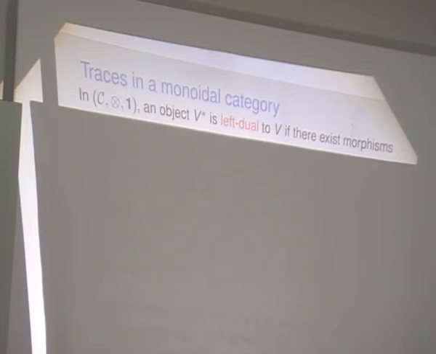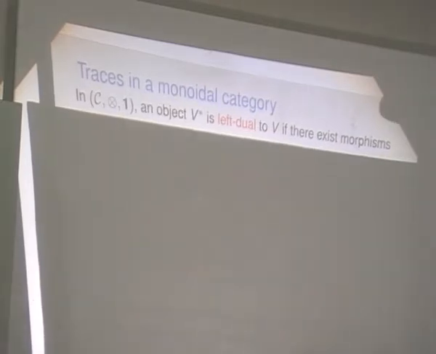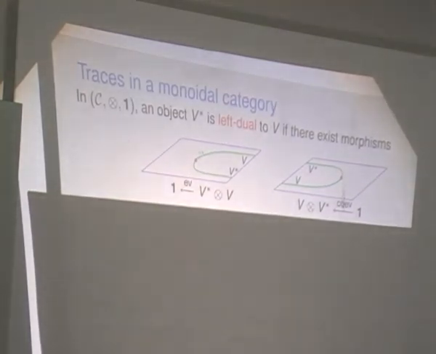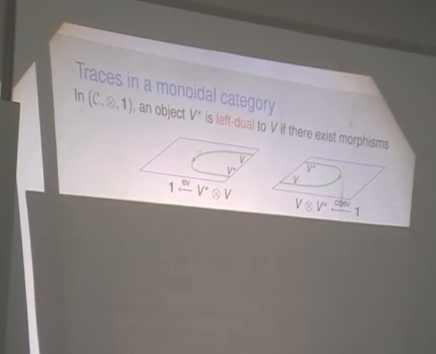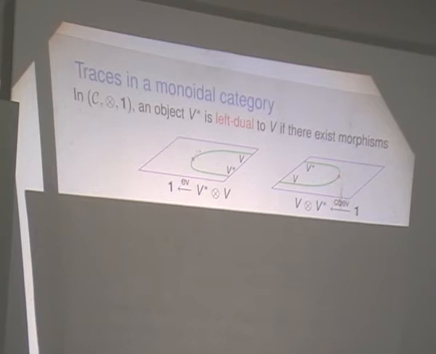And just as in vector spaces, in a monoidal category we say an object V star is left dual to an object V if we have the following morphism. This is supposed to be generalizing the idea that the left dual of a vector space is the linear maps to the complex numbers from that vector space.